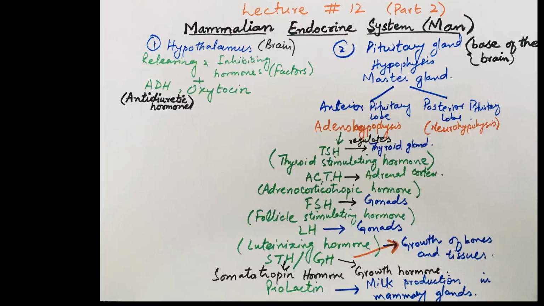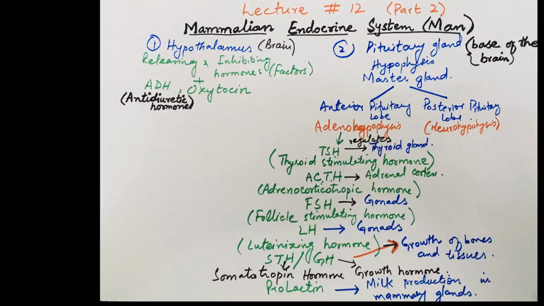The full form of ACTH is adrenocorticotropic hormone. Yeah, it's a longer name. ACTH, adrenocorticotropic hormone, is responsible for the regulation of the adrenal cortex.